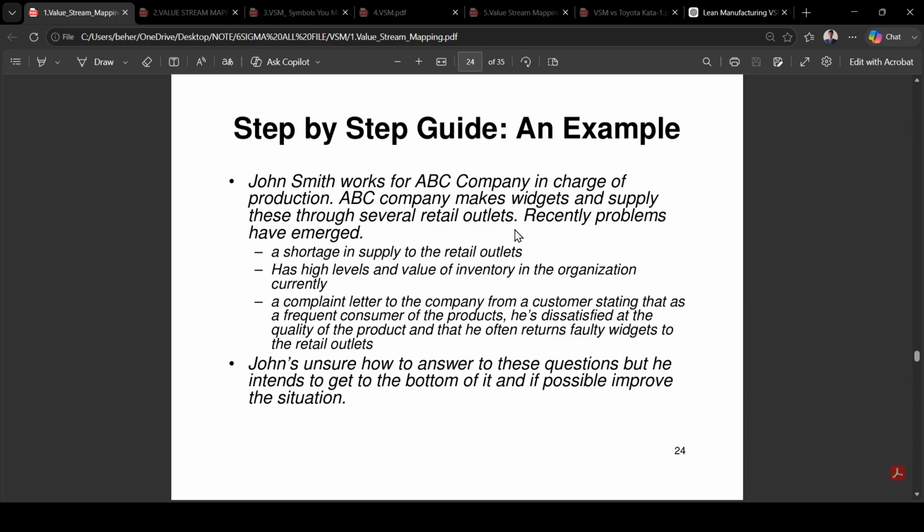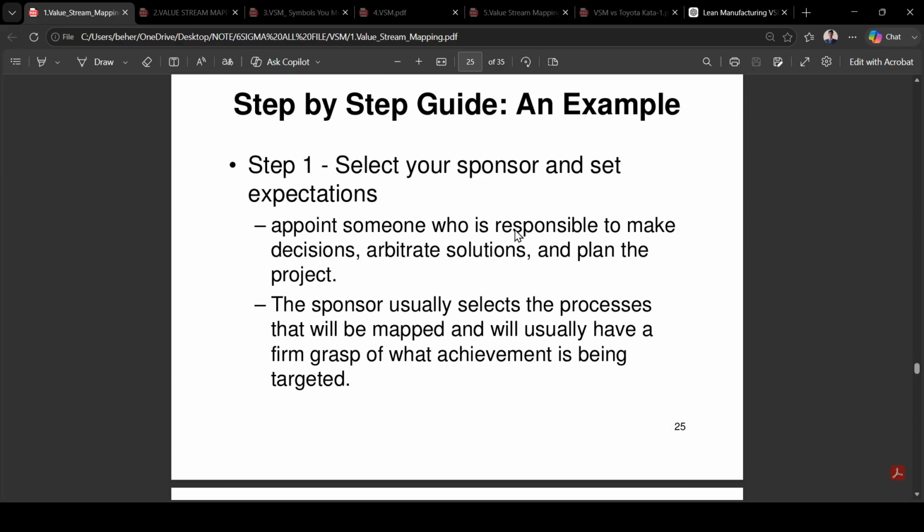The company also received a complaint letter from a customer stating that a frequent consumer of the product is dissatisfied with its quality and often returns faulty items to the retail outlet. John is unsure how to answer this, but he intends to get to the bottom of it and pursue an improved solution.